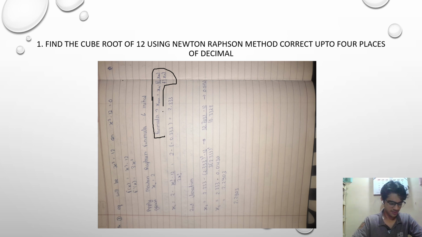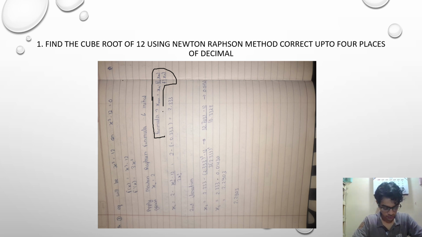After solving the whole equation, we get 2.3333. Now the second iteration: x2 equals 2.3333 minus (2.3333 cube minus 12) upon 3 into 2.3333 square.